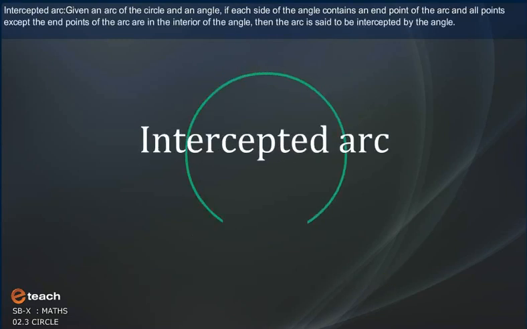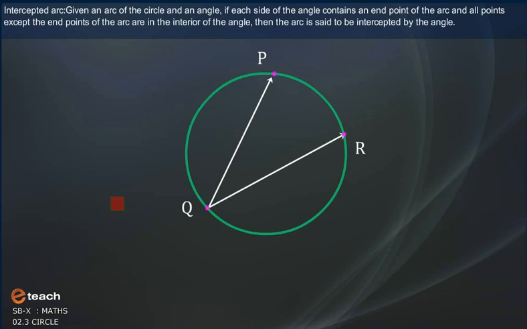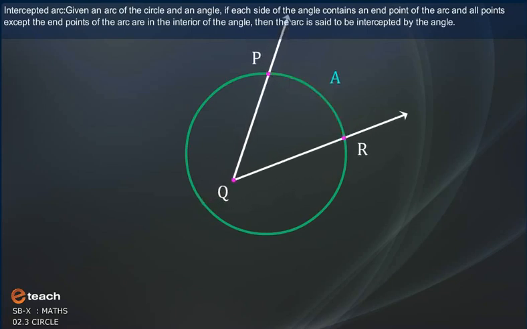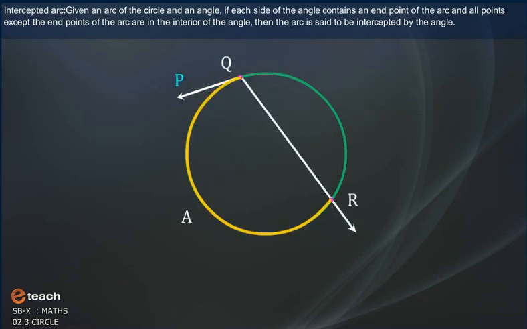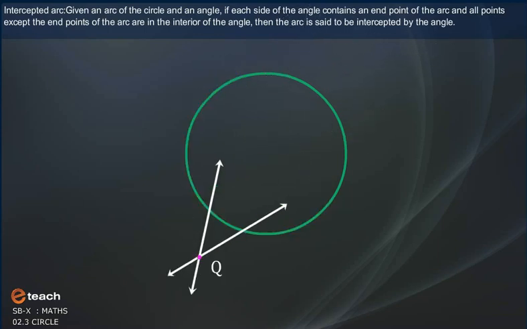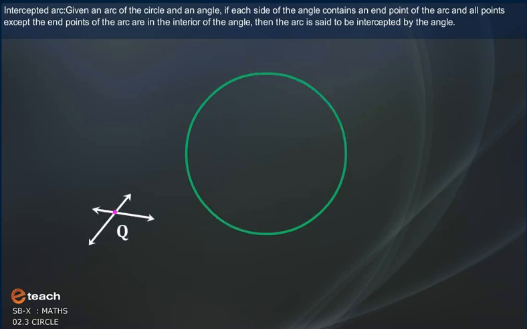Intercepted arc. Given an arc of the circle and an angle, if each side of the angle contains an endpoint of the arc and all points except the endpoints of the arc are in the interior of the angle, then the arc is said to be intercepted by the angle.